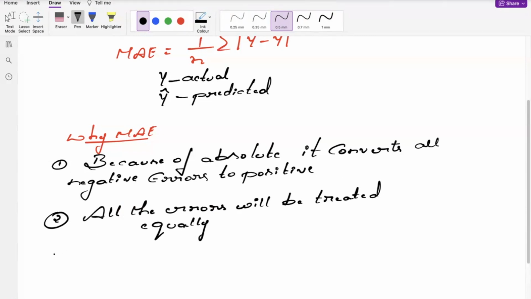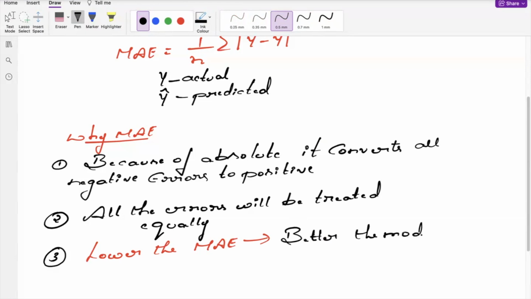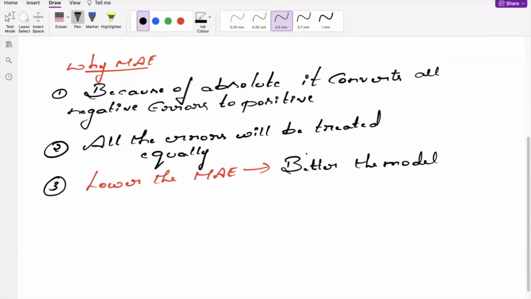And one more interesting thing is, the lower the MAE value, the better the model, because it's an error we are calculating. So obviously, if the error is low, the model is better.